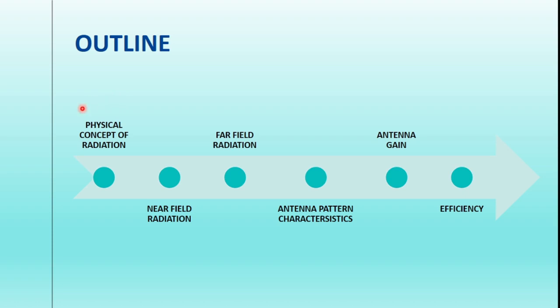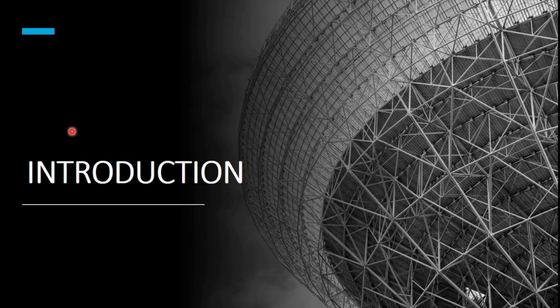We will first start with what is an antenna and how an antenna produces radiation. So let us start with the introduction on what is an antenna. An antenna is a very common device that we see in and around us in our day-to-day lives. Starting from our mobile phones and televisions, on the rooftops we can see dish antennas.